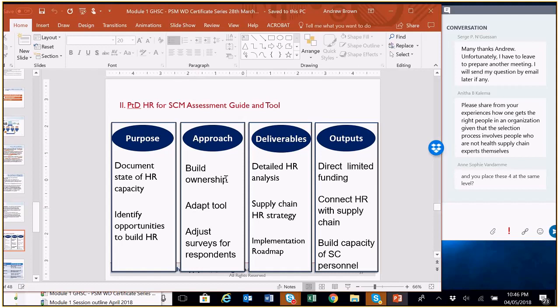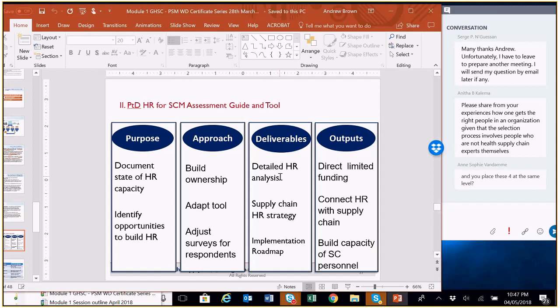So there's a whole range of people with ownership, and they work together to adapt a tool and surveys to really understand the environment. So by using this particular process, you do get a detailed human resources assessment around the different pathways or building blocks that we're talking about.